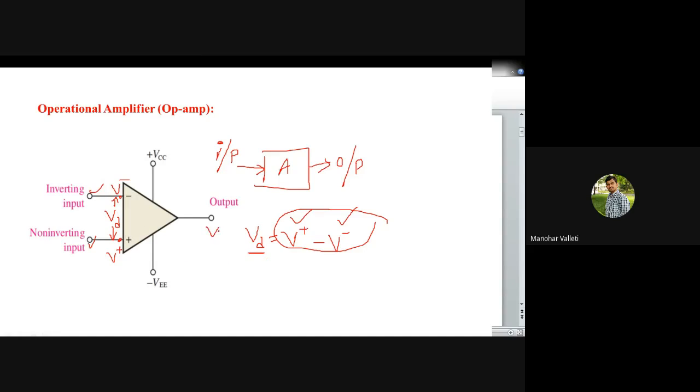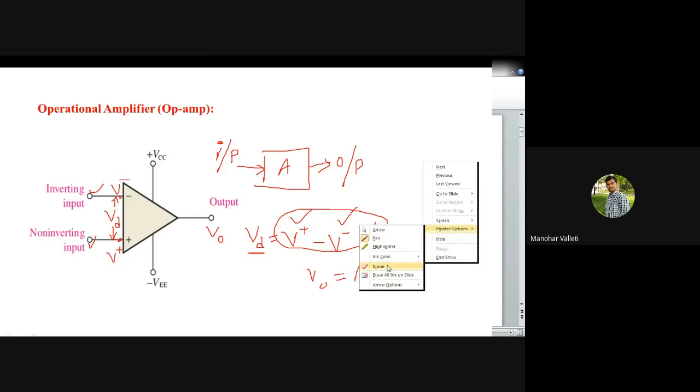So the output of the op amp, V naught, equals, as any amplifier has some gain, gain multiplied by input, here Vd, the effective input appearing for the op amp.